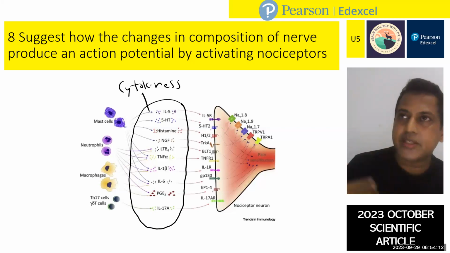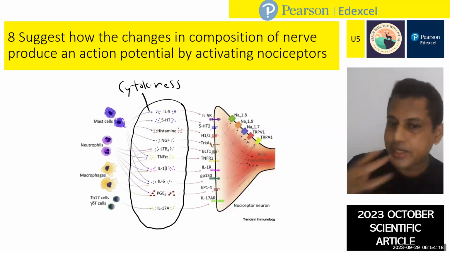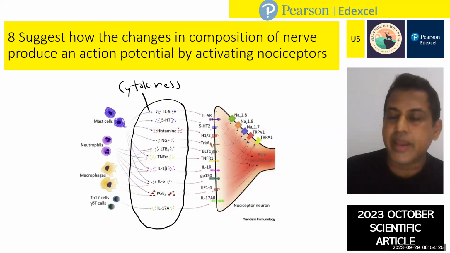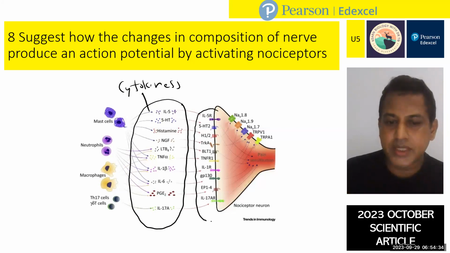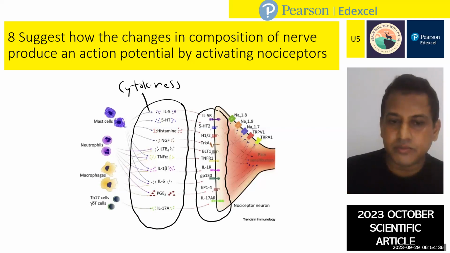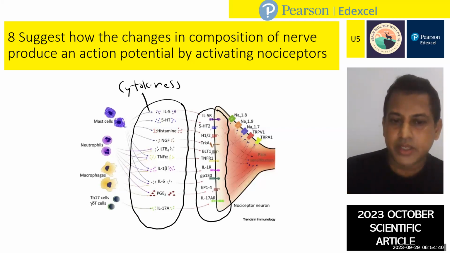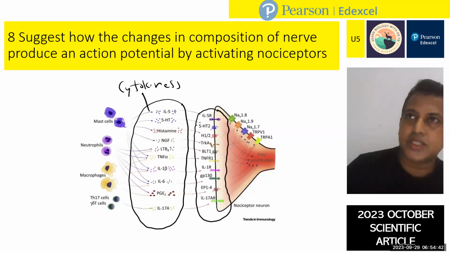Over time, when the inflammation is going on, the cells come into the site and they secrete cytokines. And you can see this nociceptor neuron, and they increase their receptors for different chemicals. So you can see an array of receptors for different chemicals. So I think composition is altering.